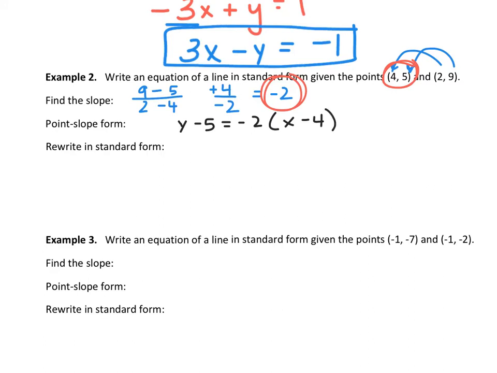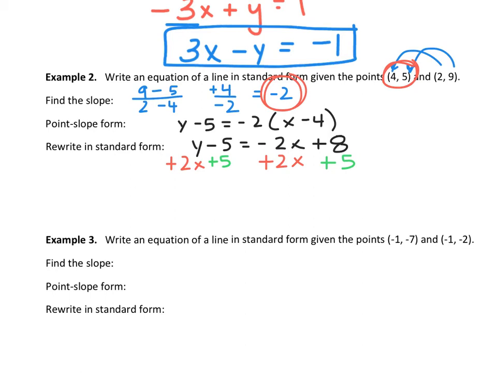To write it in standard form, I'm going to work from slope-intercept form first. I'm going to distribute the negative 2. Then I want to get my x and y on the same side, and add 5 to the other side.